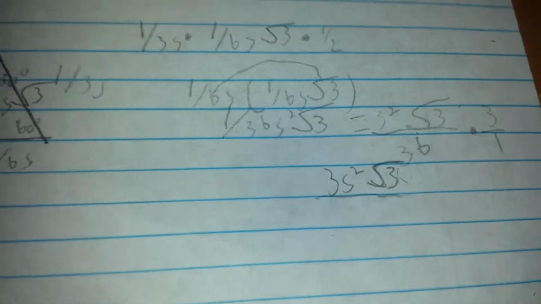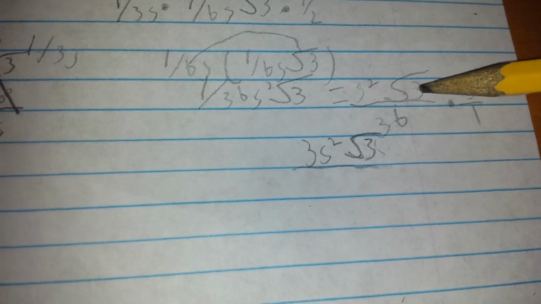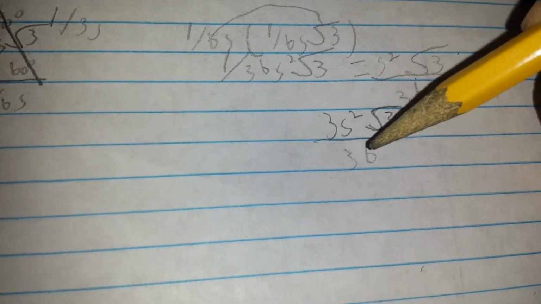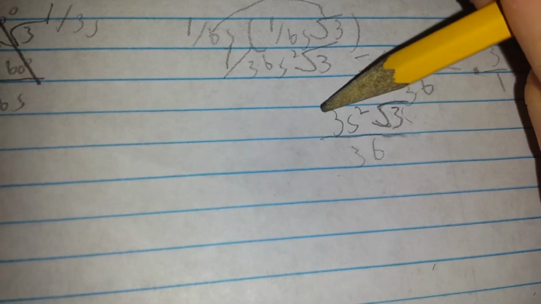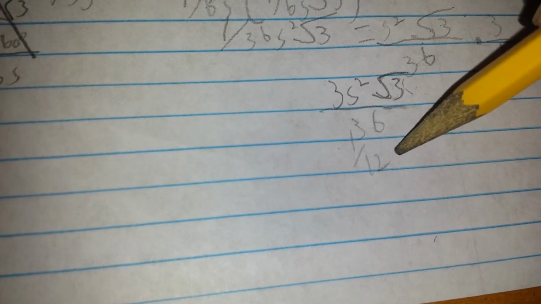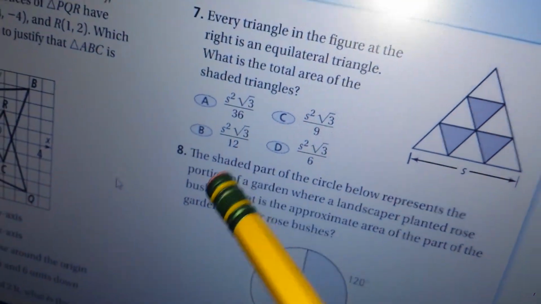The square root of 3, like it is up here, so over 36, and so 3 over 36 is the same as 1 over 12, so 1 over 12 s squared times the square root of 3, which is the same thing as saying s squared times the square root of 3 over 12, which is B. So the answer is B.